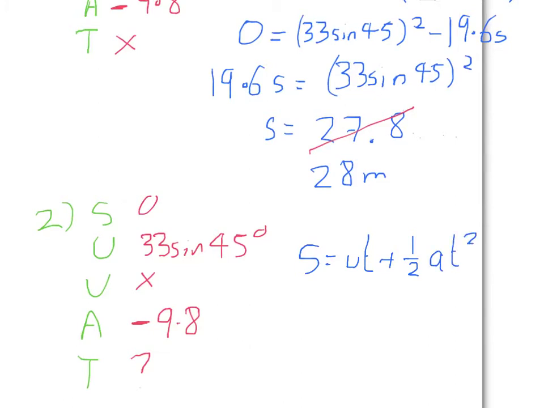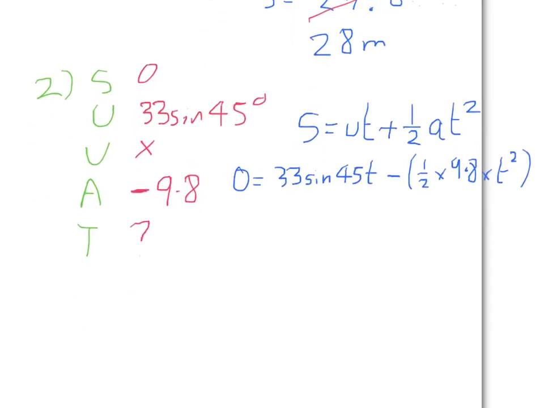And if we substitute in what we know, we've got 0 equals the initial speed, which is 33 sine of 45, times the time, minus, because it's minus 9.8, a half times 9.8 times t squared. If we sort this out, we've got 0 equals 33 sine of 45 t minus 4.9 t squared.